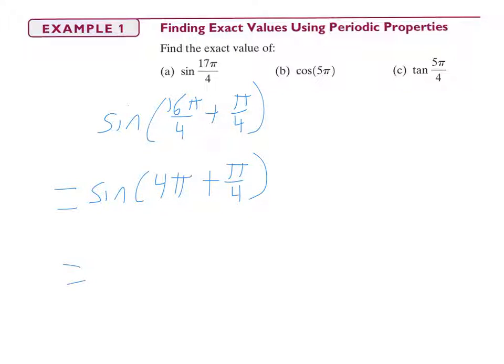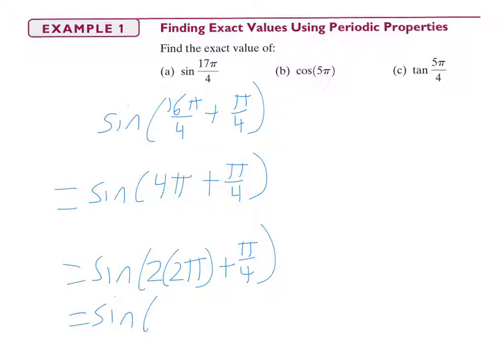Remember, we said the period of sine was 2 pi, and 4 pi is just 2 of those, plus pi over 4. Since this is just 2 periods, 2 times 2 pi, that's equivalent to sine of pi over 4 by the definition of a periodic function, and sine of pi over 4 is just square root of 2 over 2.